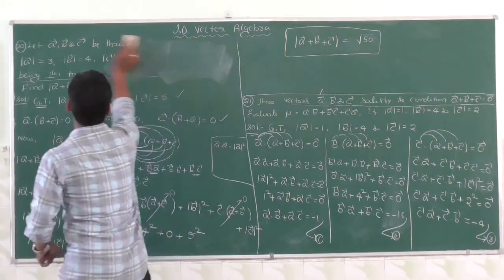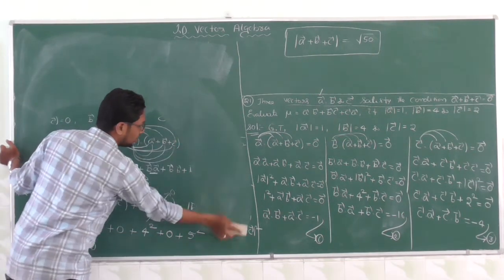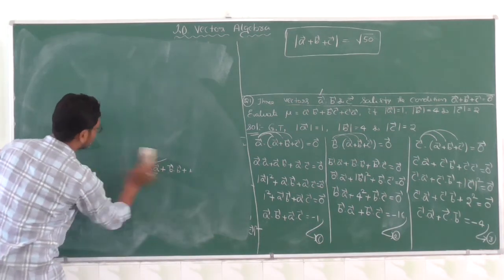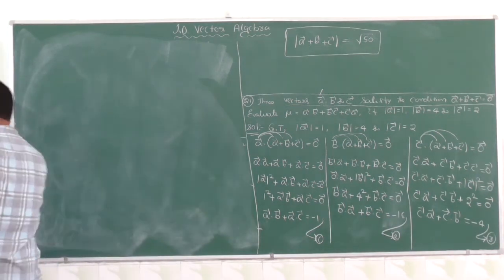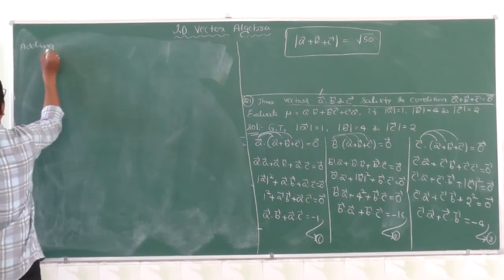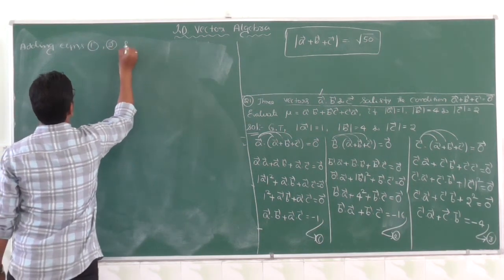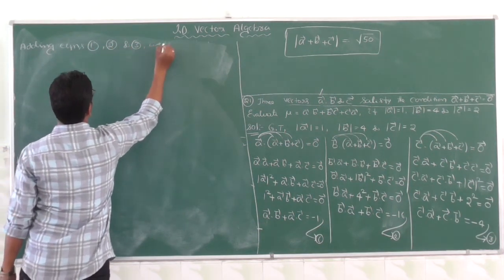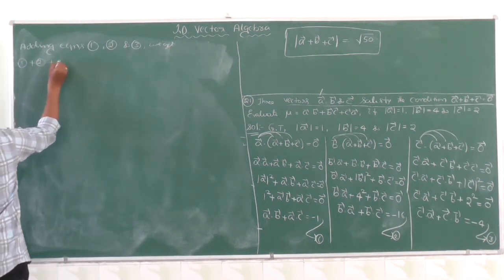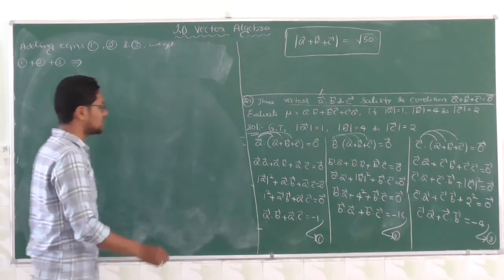Now, you just add 1, 2 and 3. Then we will get the value of mu. Adding equations 1, 2 and 3, we get: equation 1 plus second equation plus third equation. Then finally what will we get?